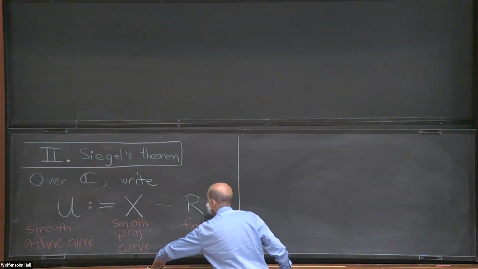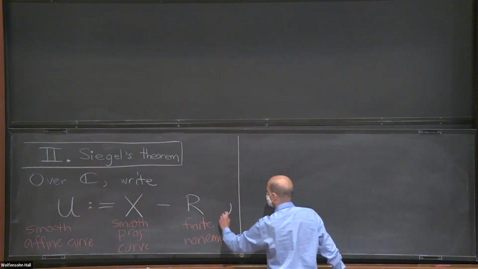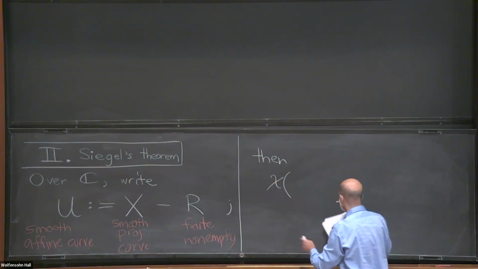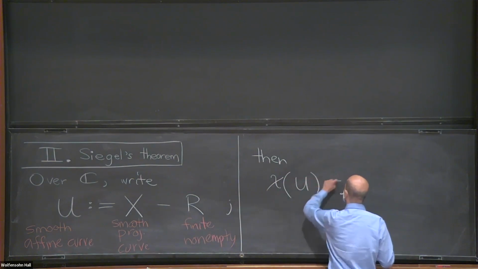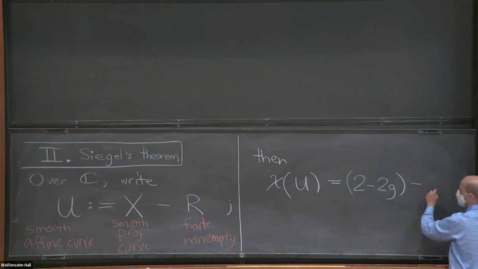In terms of that, you can express the Euler characteristic, as I'm sure you all know, as the Euler characteristic of X, and then subtract 1 for each puncture.